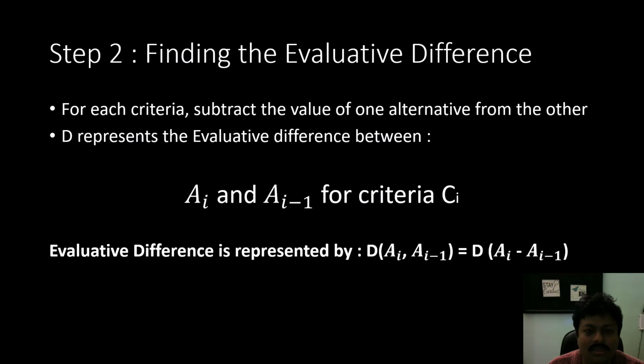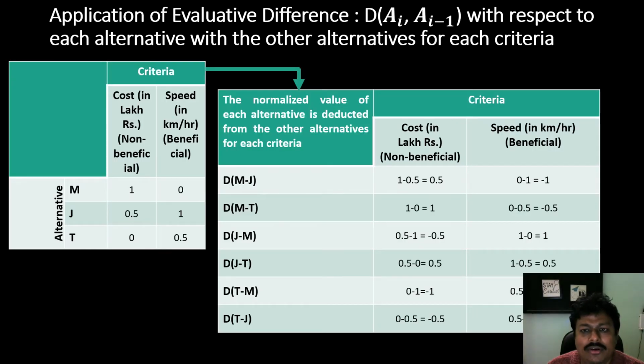Next is finding the evaluative difference. What is that? Let us see. So evaluative difference, which is indicated by D, is nothing but you deduct one alternative from the other, right? So here there is Maruti, Jaguar and Toyota.